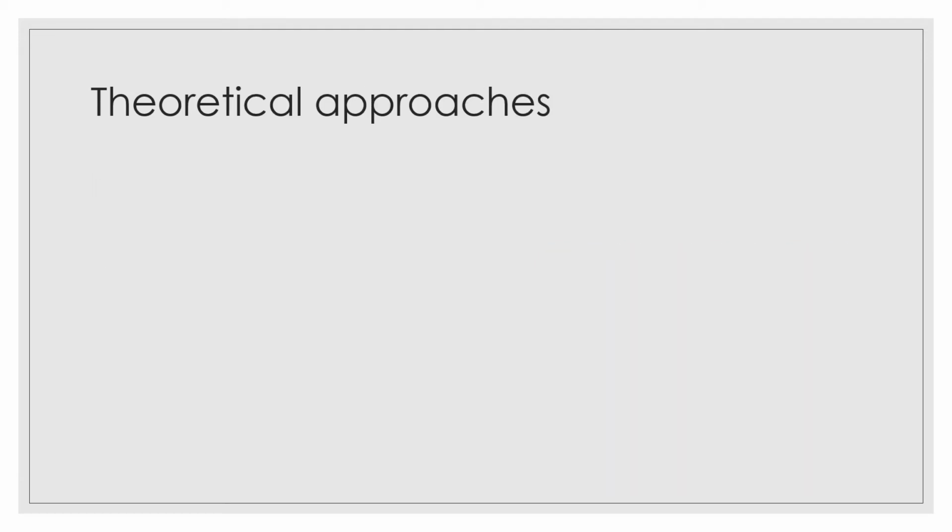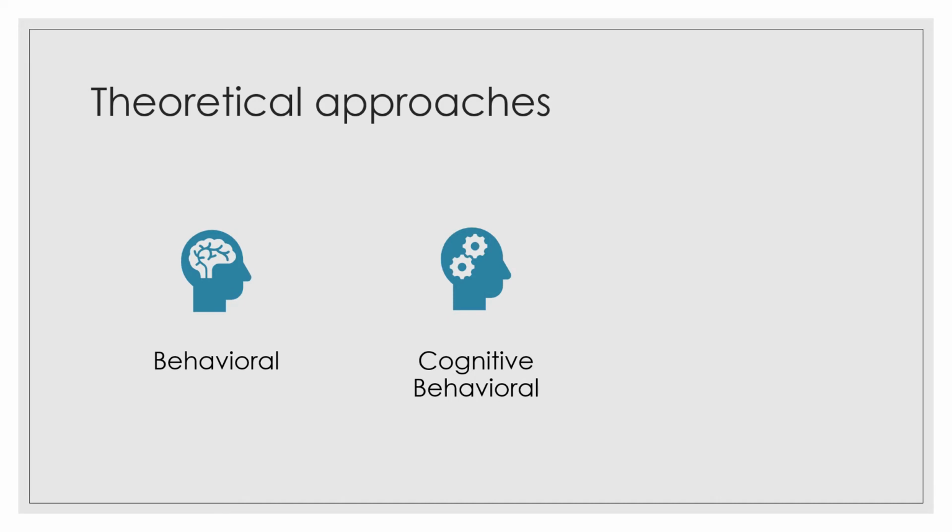So let's move into some theoretical approaches to couples therapy. First, we're looking at behavioral approaches. So these are the actions that each partner takes within the relationship. Cognitive behavioral.